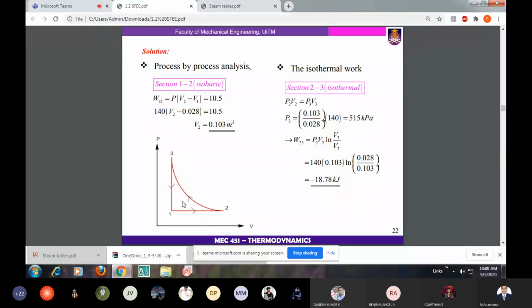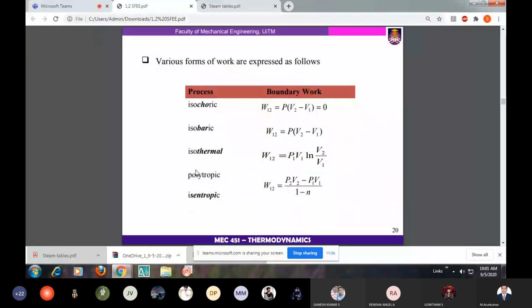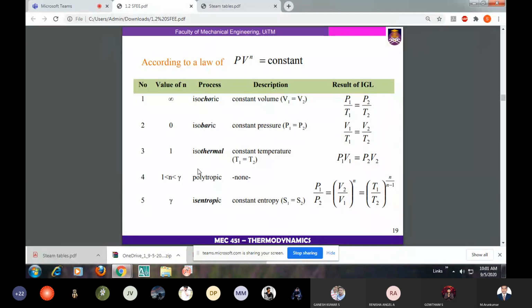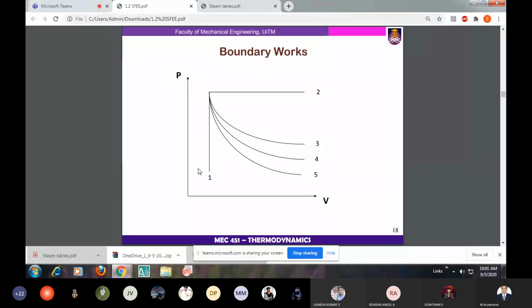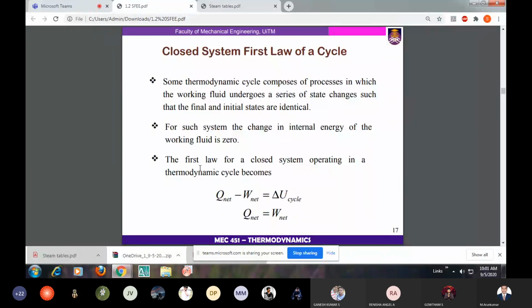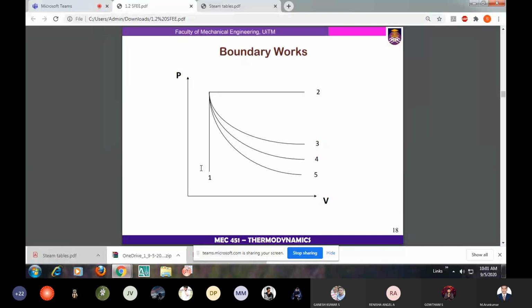process. We already discussed what thermodynamic processes are available in the previous classes. So to recall that, again we can look at this table and this graph. Let's look at this graph. So graph 1 will give you the PV diagram of the isochoric process. You know what is isochoric process?